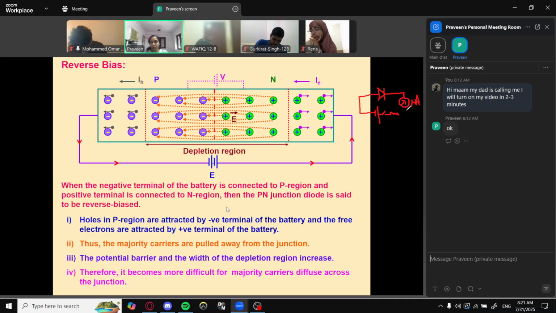This is your circuit for the same. And here it could be negative because it is reverse bias. So this would be the negative terminal of this one, and this would be positive.